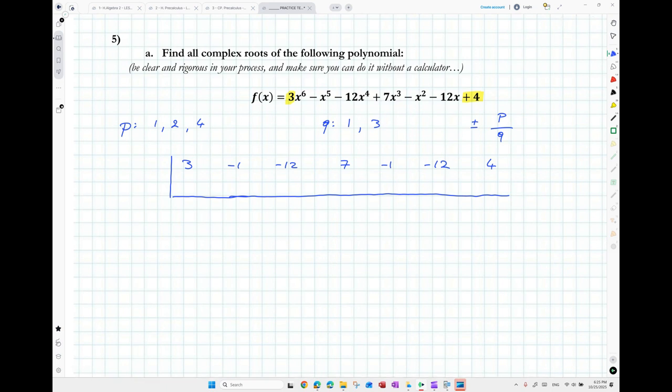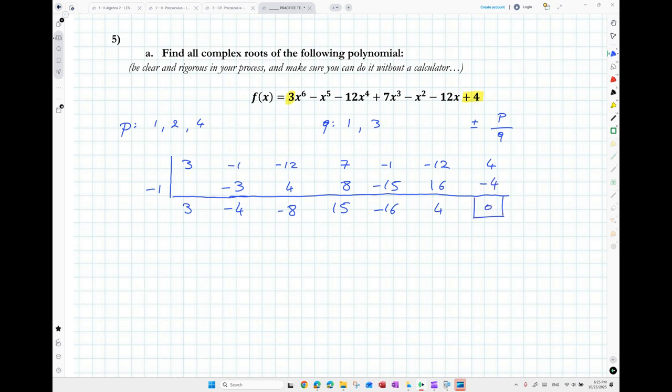So here I'm going to plug in negative 1, and I have 3, plus nothing is 3, negative 3, negative 4, positive 4, negative 8, positive 8, 15, negative 15, negative 16, positive 16, positive 4, negative 4, and 0.